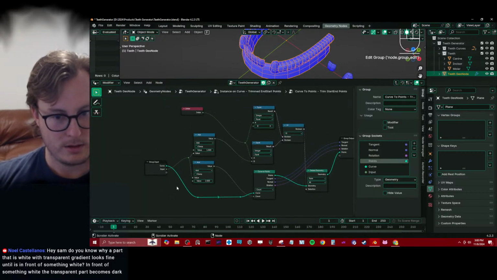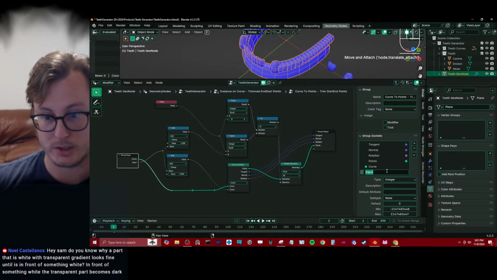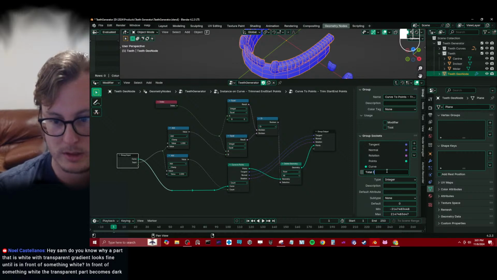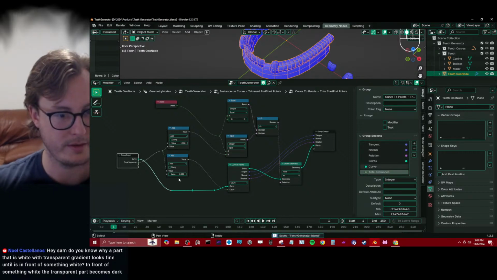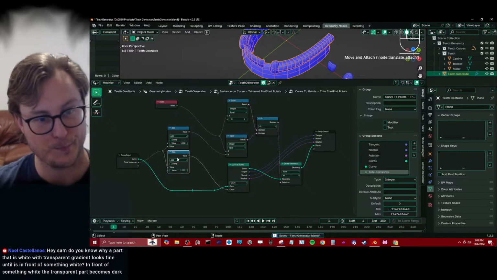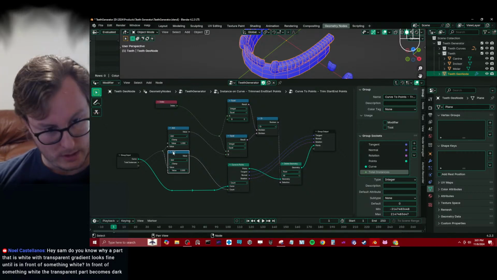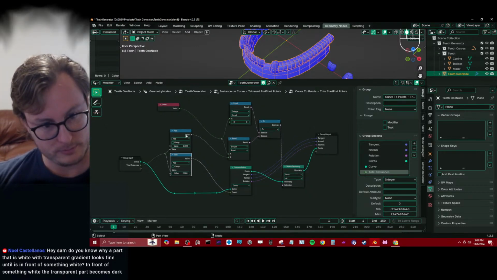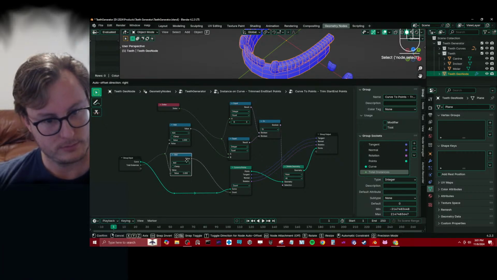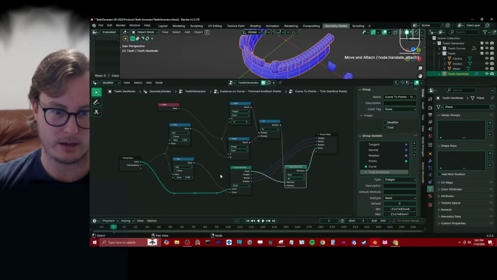Instance amount? Well, I know what I need here, which is the total instances. What was working beforehand? I'm deleting the end point.